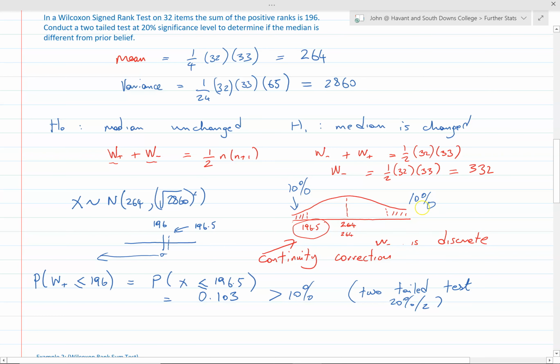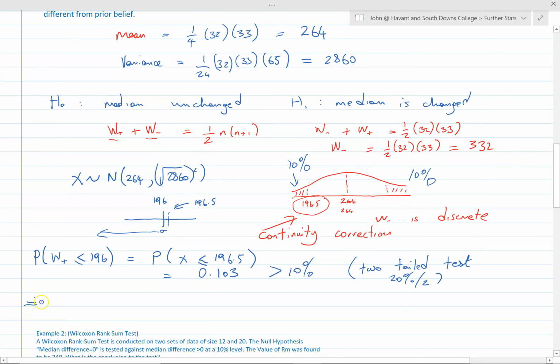So it's greater than 10%. Therefore, the conclusion is we do not reject H0. There is insufficient evidence to suggest a change in the median.